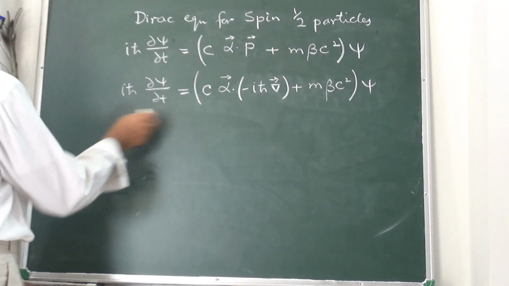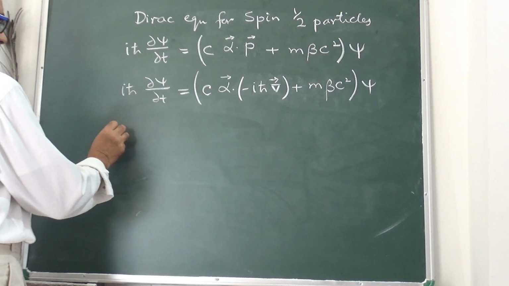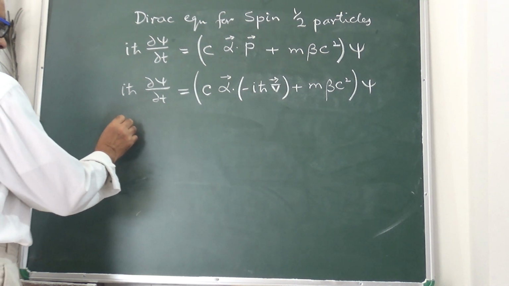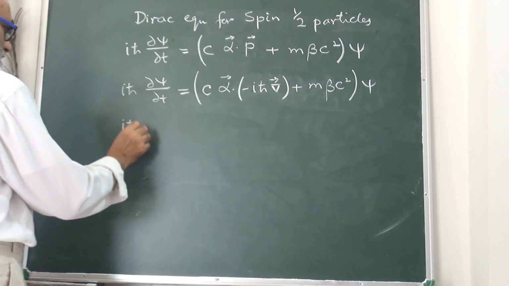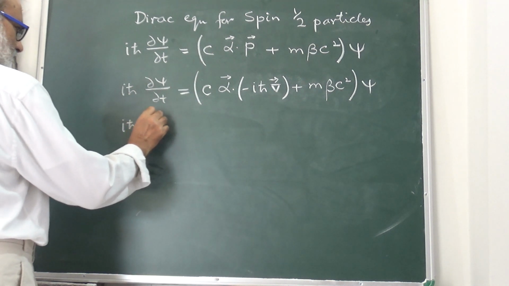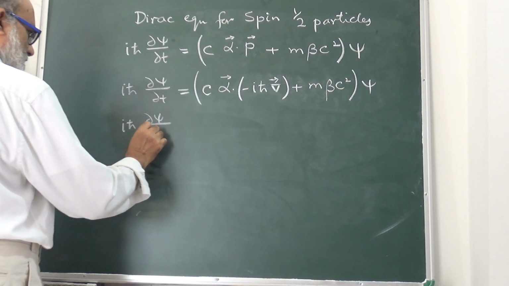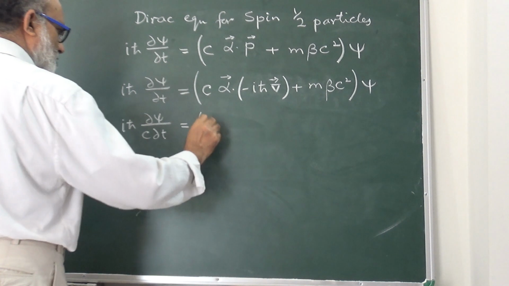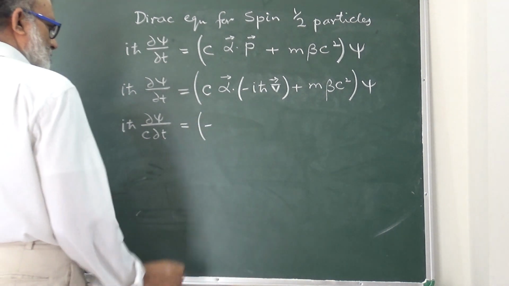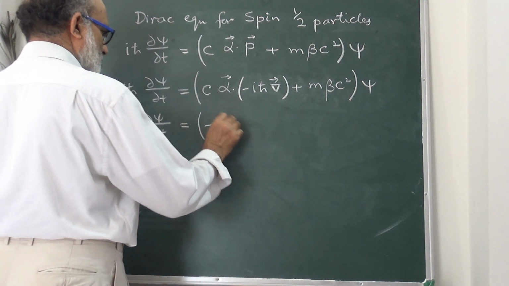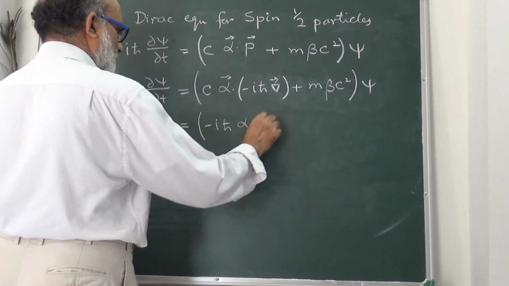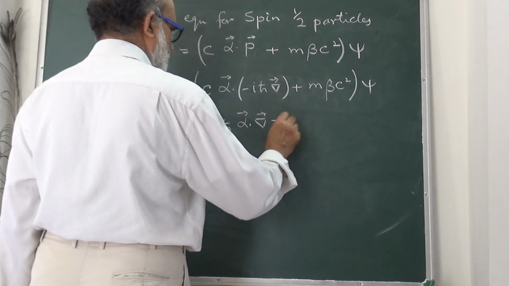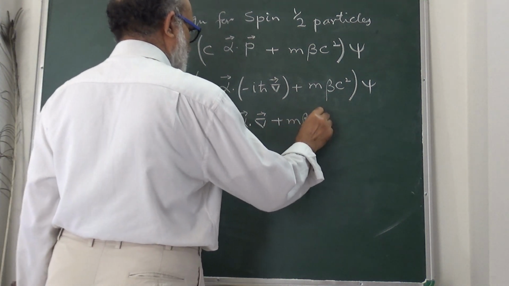So this is i h cross psi by c dt minus alpha dot p plus m beta c.